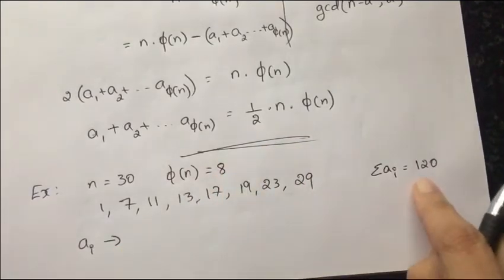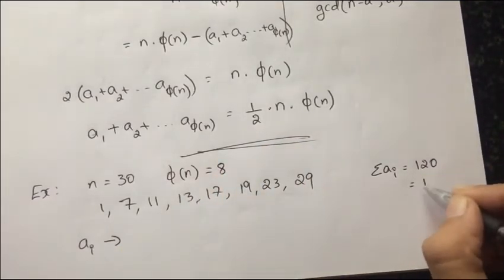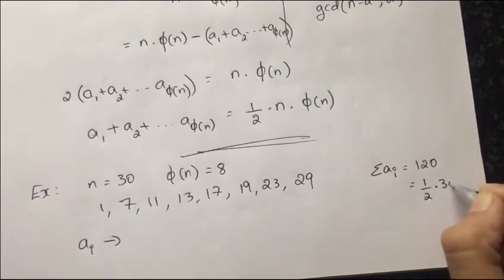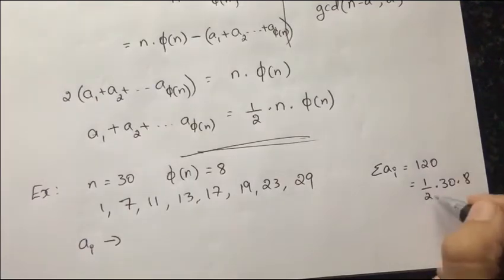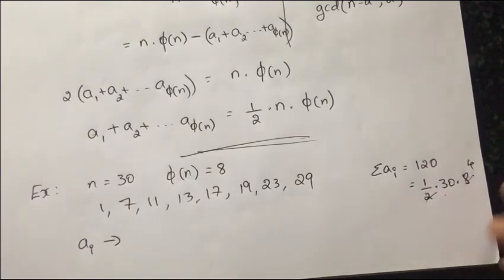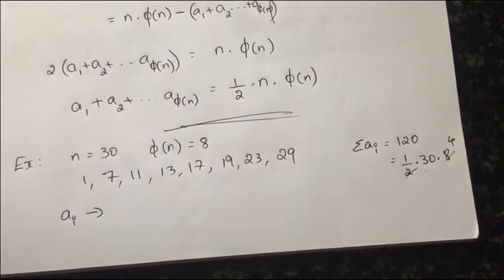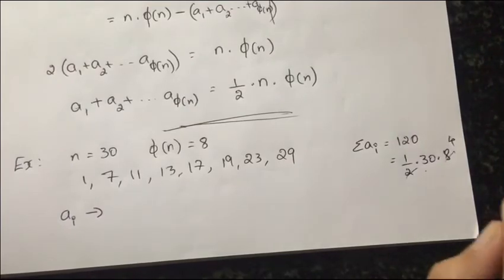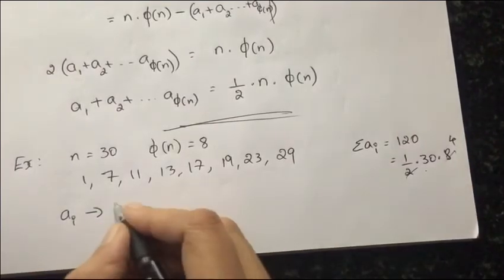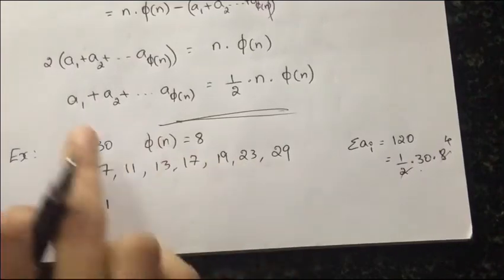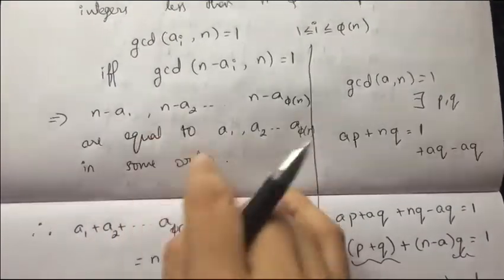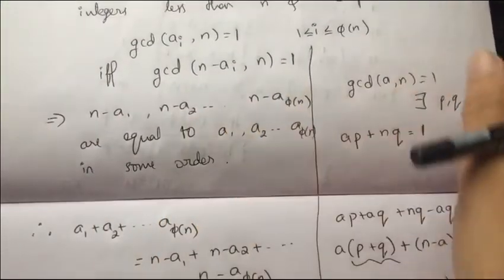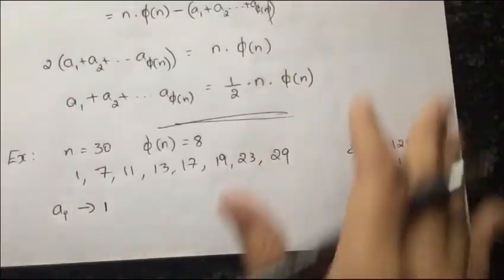So you can check this is the same as half into 30 into 8. 2 4s are 8, and 4 into 30 is 120, so it is fine. Now see, these ai are nothing but n minus ai in some order. I am just explaining that.